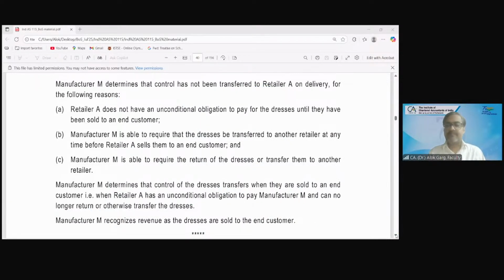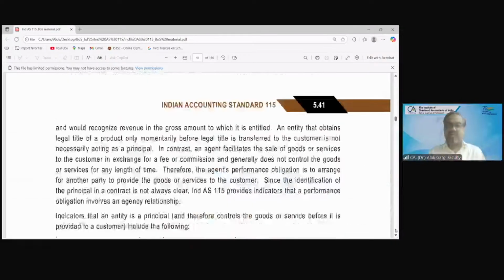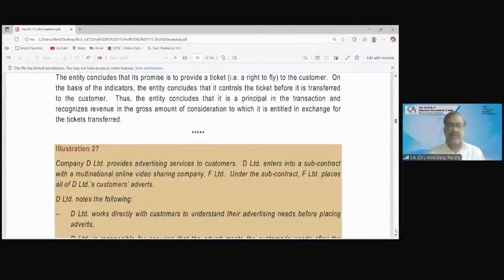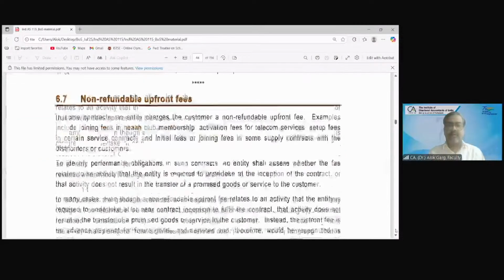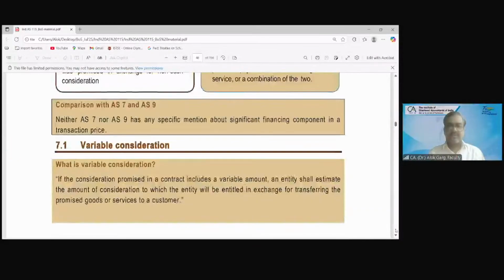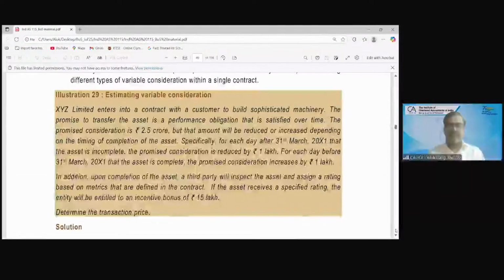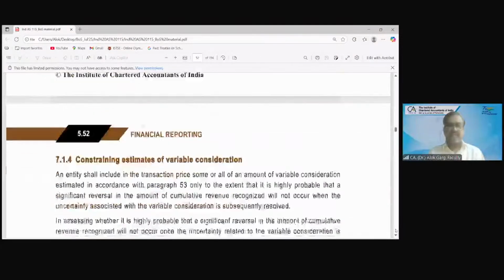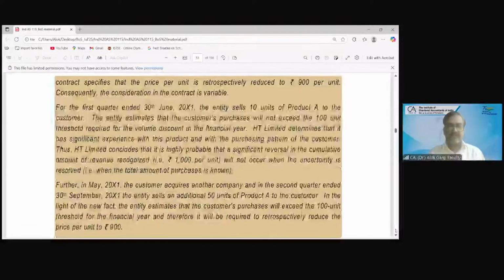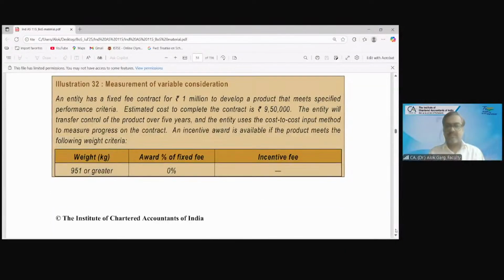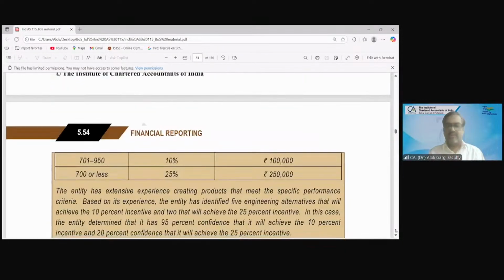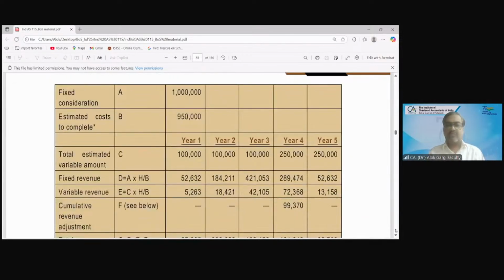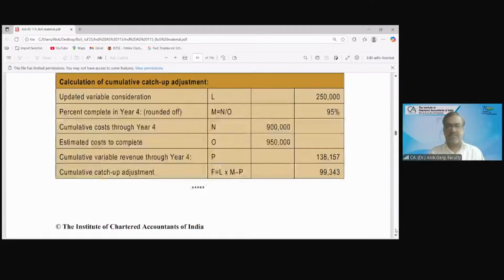Okay. Let me also solve one more question on consideration payable, non-cash consideration. This illustration number 29 I have covered, 30 I have covered. This measurement of variable consideration, this concept we have covered, right? Expected value approach concept we have covered. How to compute the probability weighted approach. Correct.